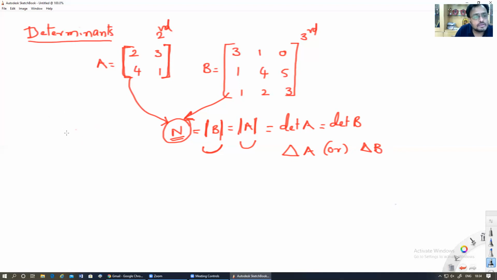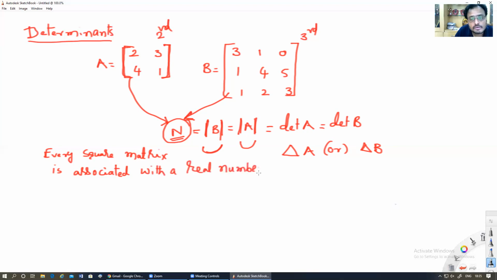So the definition of determinant is: every square matrix is associated with a real number called its determinant.